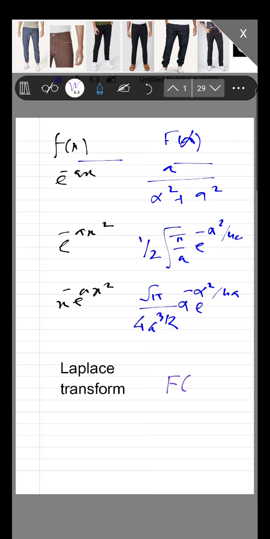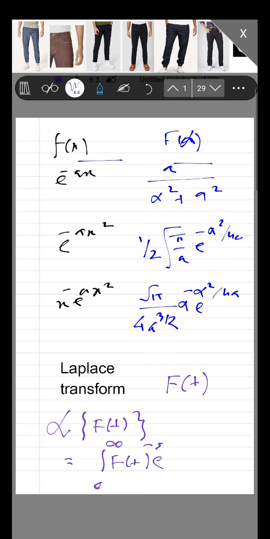If there is a function f(t), then the Laplace transform of that function is called L. L of f(t) is equal to integral 0 to infinity f(t) e to the power minus st dt, and is equal to say F(s). So here F(s) is the Laplace transform of f(t).